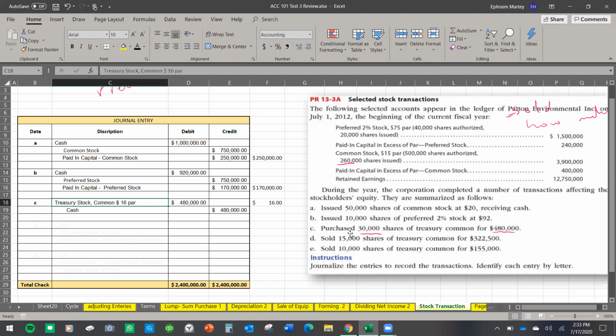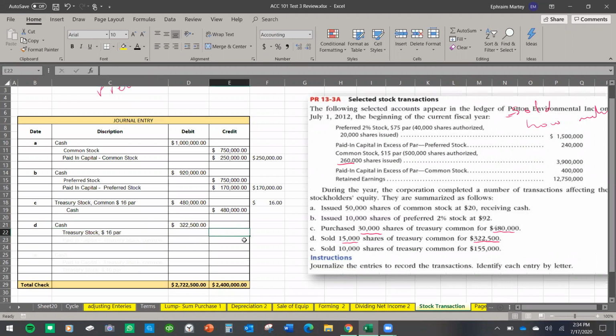Now we have D. You sold 15,000 shares of treasury stock. How are we going to do the selling? You sold 15,000 shares, and 322,500 is how much cash is coming in. But what is the worth of the treasury stock?